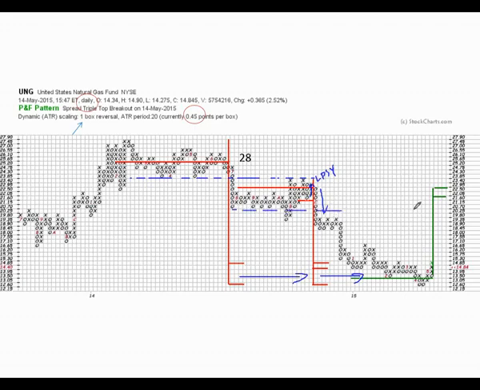And so that would be a classic place to try to short this market. And then it goes down, both counts take it right to the lows, right to the lows, slick.